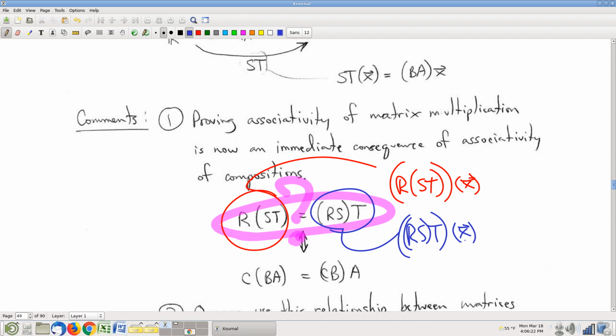And no surprise, you get the same result in both cases. Both of these are R of S of T of x.